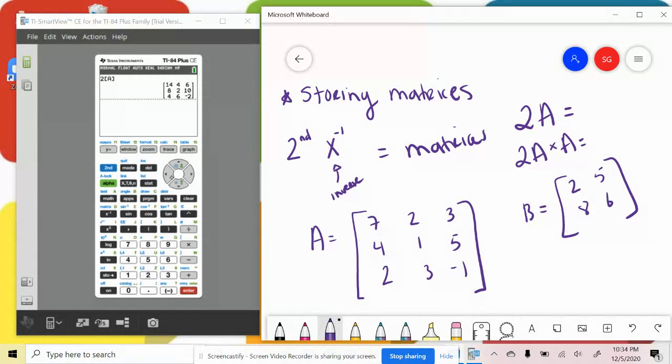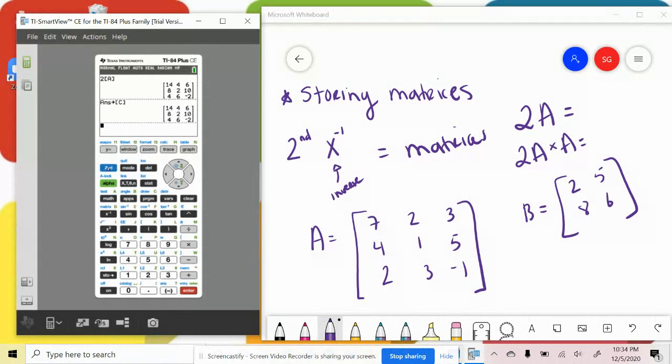I'm going to actually store this, and you can do this with numbers as well, things you don't want to round, which we will be talking about later. I'm going to go down here to STO, which is store. I click it and you get this little arrow. Then I push second matrix and store it as C.